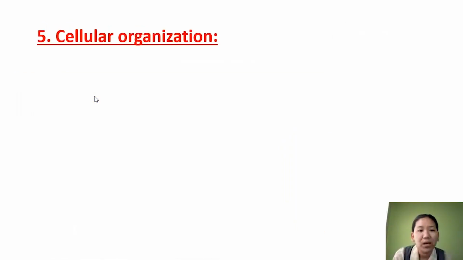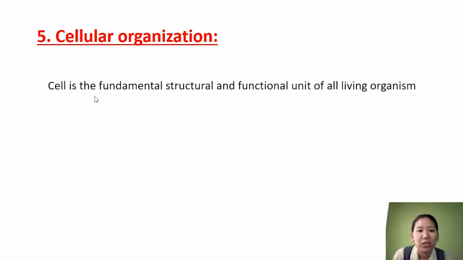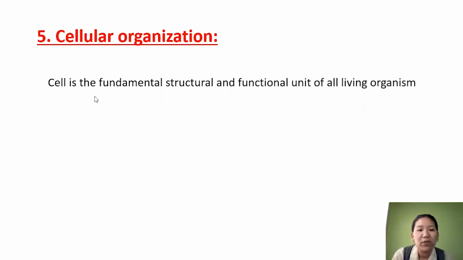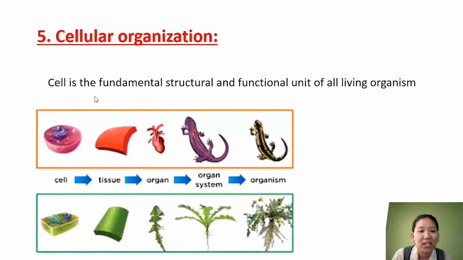Next, cellular organization. Cell is the fundamental structural and functional unit of all living organisms, and these cells aggregate together and function together to form a tissue. The property of a tissue is not found in the individual cell.